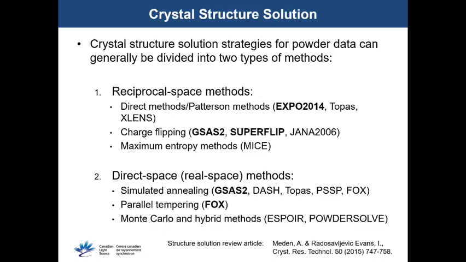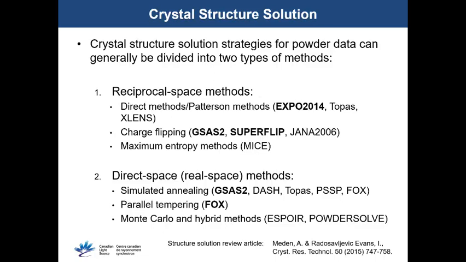Reciprocal space methods generally use intensities that are extracted from the PXRD pattern during the Lebail or the Pawley refinement. In this way, they're more similar to classical single crystal XRD structure solution methods. They tend to require less upfront chemical information about the unit cell contents, but they generally require very high quality data in order to be successful.